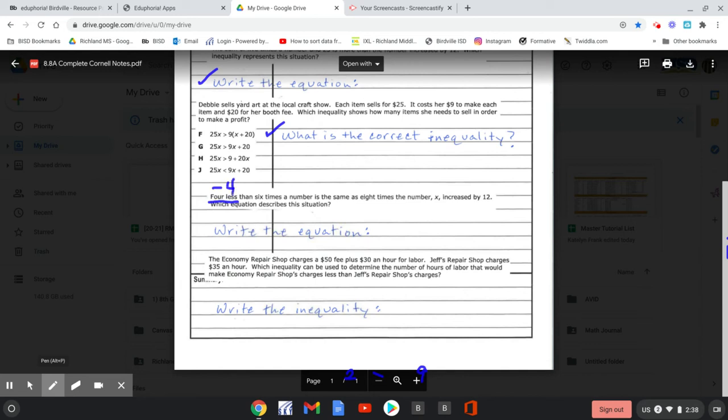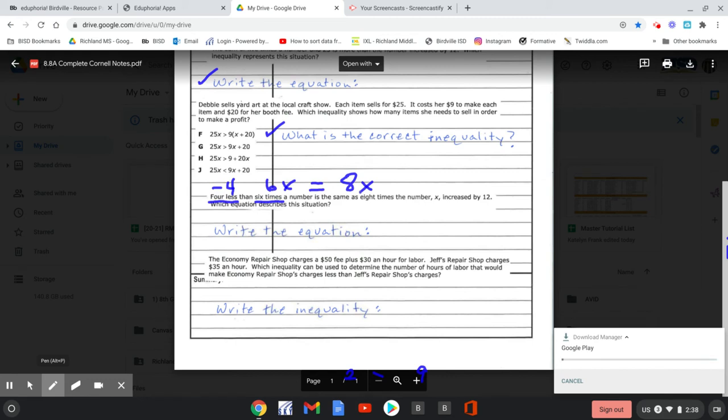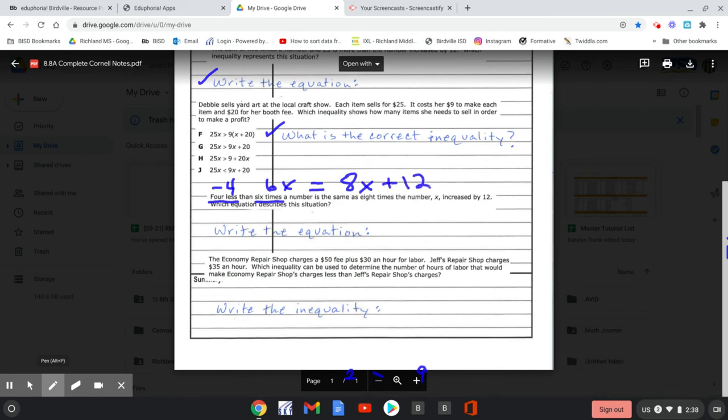Then 6 times a number, so that's 6x, is the same as, so that would be equal, the same as 8 times the number, increased by 12. So now we have our equation. We have 6x minus 4 equals 8x plus 12.